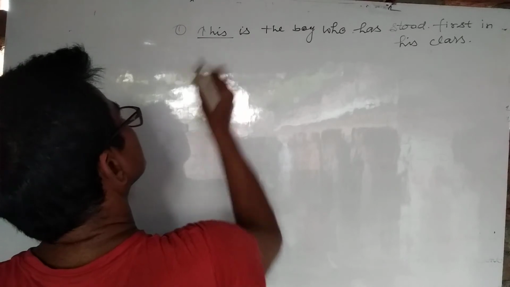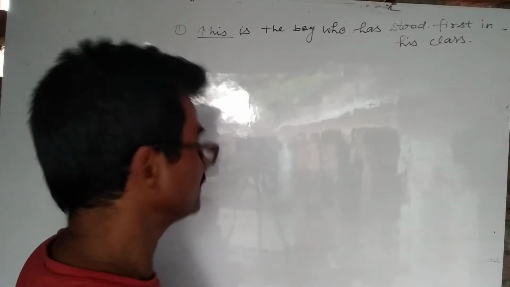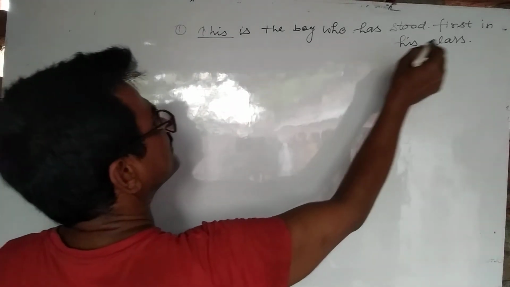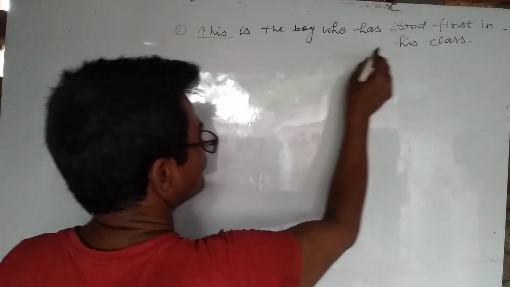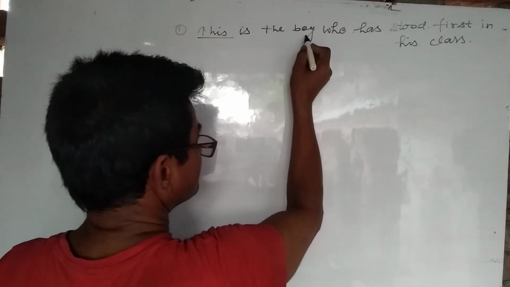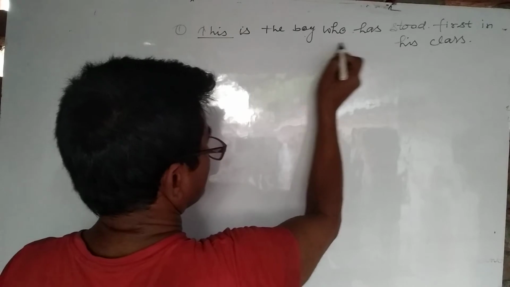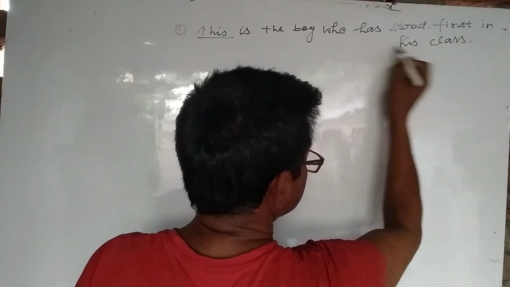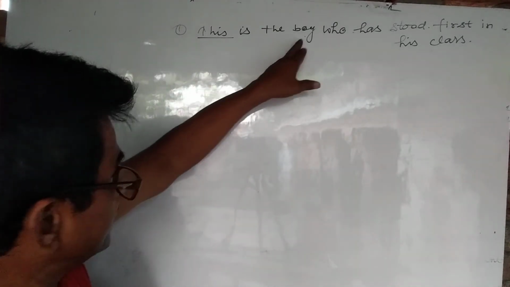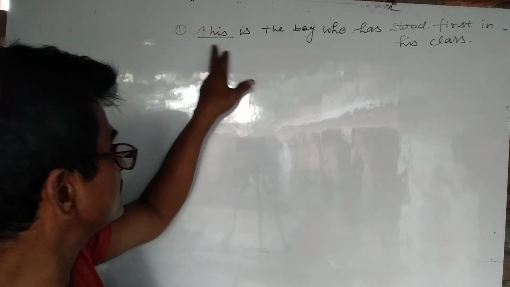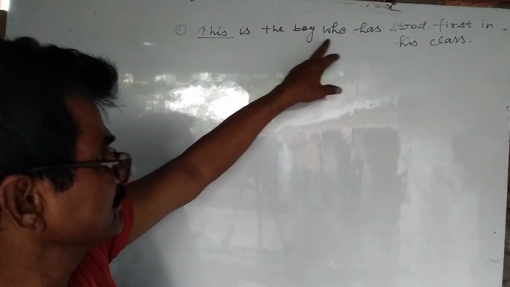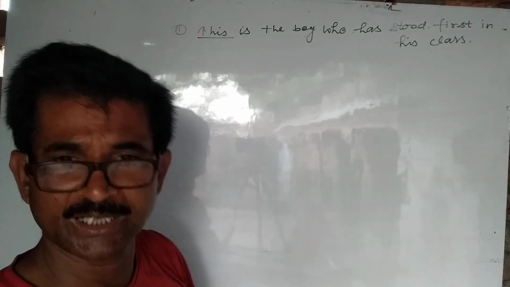Now here, this is the boy who has stood first in his class. The boy who has stood first in his class. This demonstrates the subject boy. What condition of the boy? He has stood first in his class. There are two things. This demonstrates the boy. Particularizes the boy.